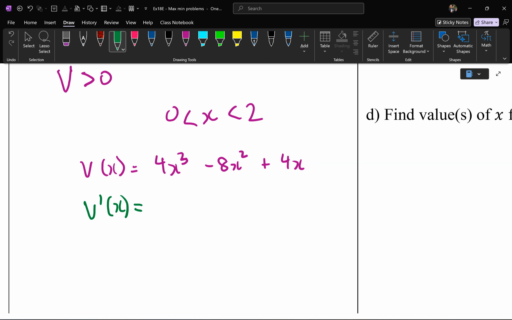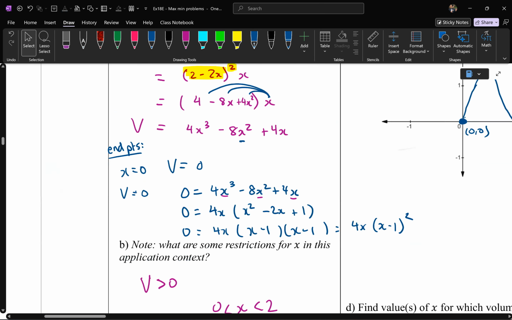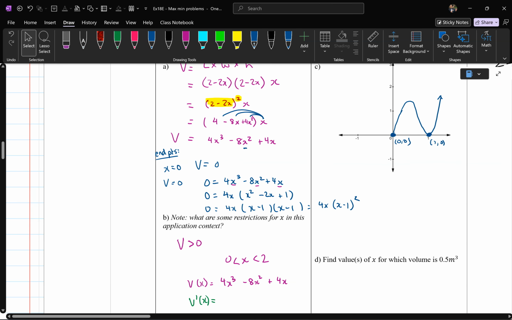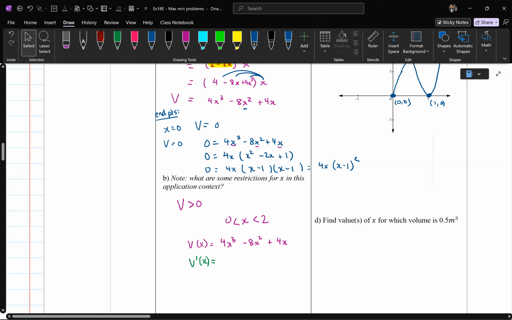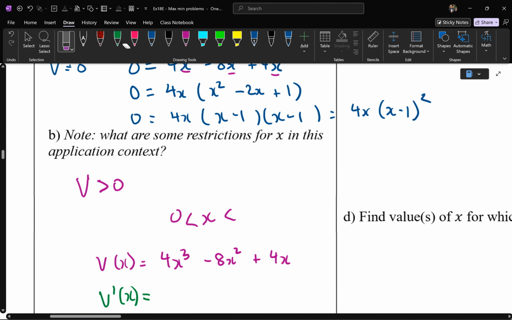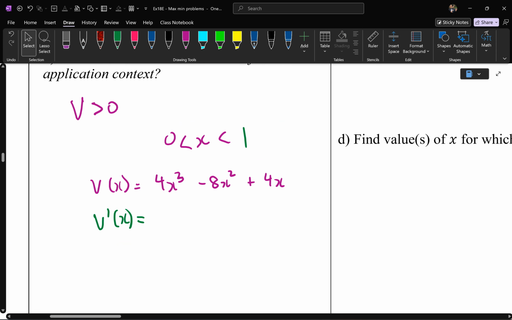Oh, it can't be, sorry. Because of the graph. Beforehand, I was just looking at this condition, but yes, you're right. From the graph, you can tell that it has to be less than 1. Very good.